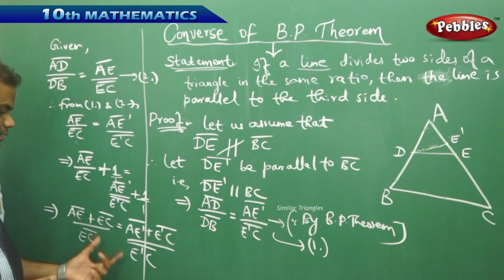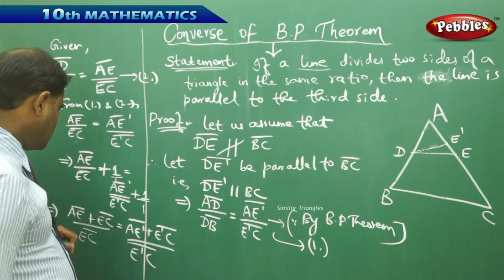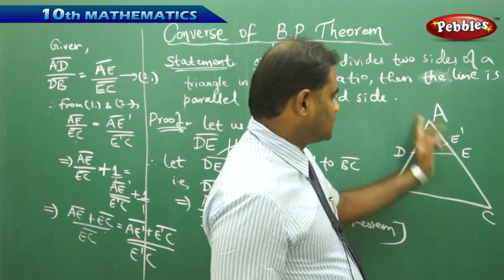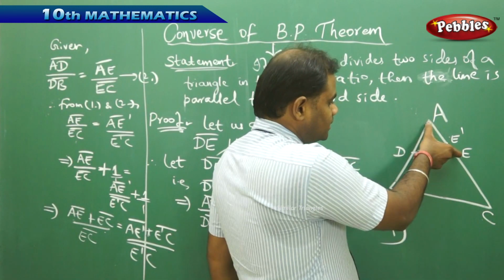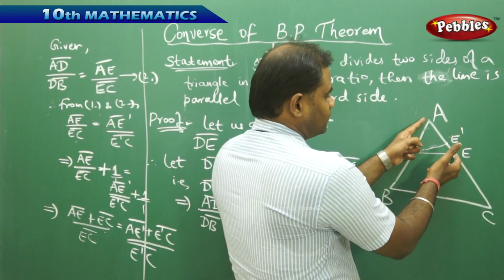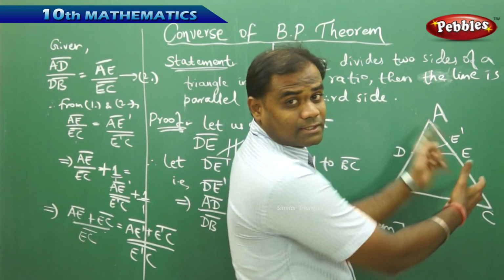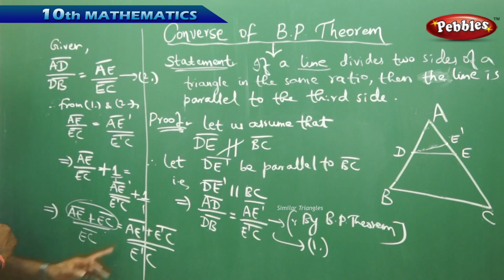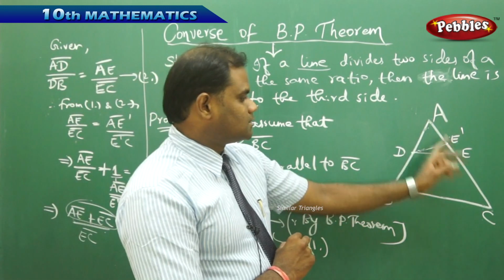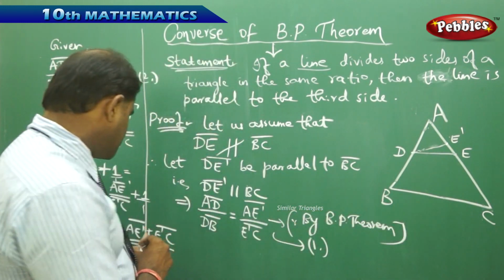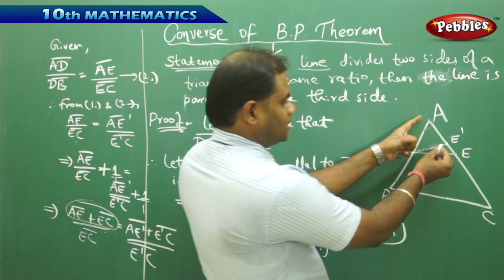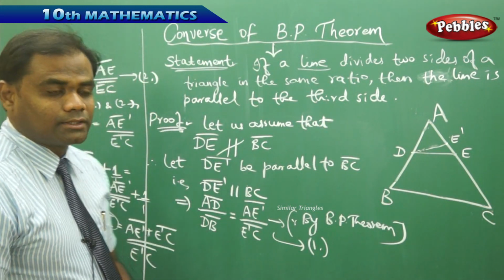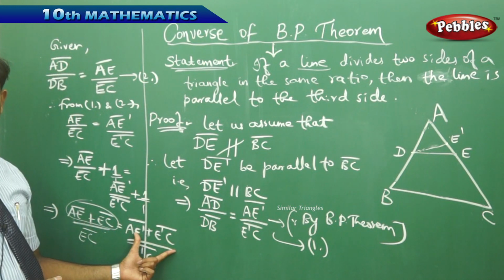Now if we proceed further, I see that AE plus EC is clearly AC, because when I add AE with EC, I get the whole of AC. Therefore, in place of this, I can write AC, and similarly AE dash plus E dash C is again AC, which is what we geometrically get for the sum of the line segments.